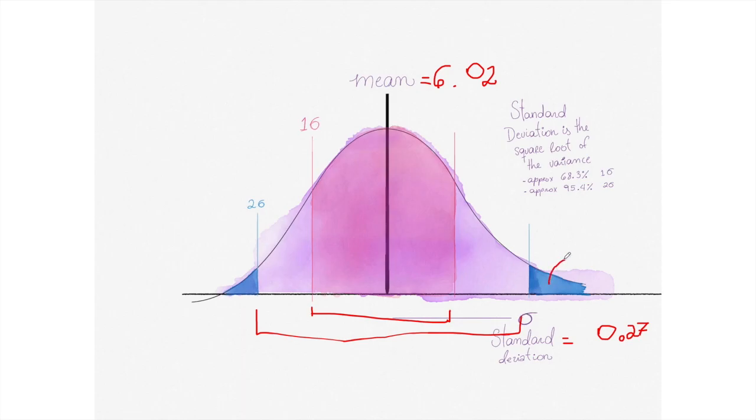Depending on how conservative we want to go, we could go ahead and say that the two tails that are painted in blue are outliers, because these values are around 5% of the entire sample, and they lie more than 2 standard deviations away from the mean.